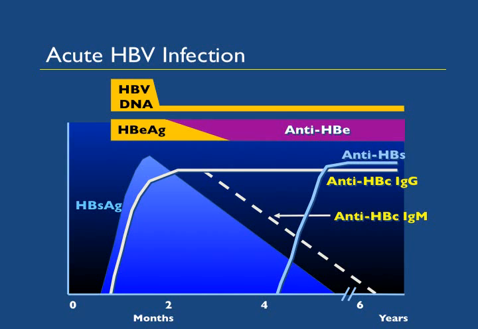Over time, the IgM anti-core is replaced by the IgG core antibody. Now, we hear about the window phase of acute hepatitis B infection, and this is a period in which the surface antigen becomes undetectable, but before the surface antibody is detected. During this time, IgM core antibody is the only marker that we can detect.